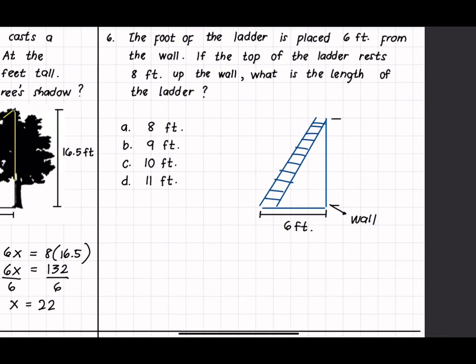It is 8 feet up the wall. So this is 8 feet. So the question is, what is the length of the ladder? So based on our previous discussion, we can see a right triangle here.